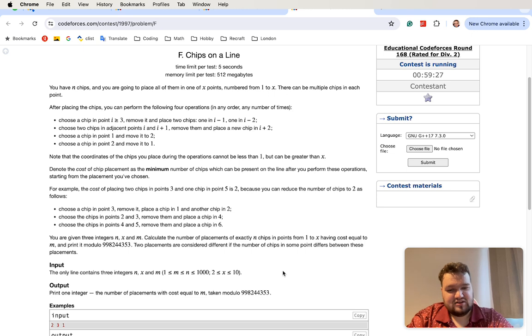So we should just calculate for every number up to 55,000 in what number of ways we can place chips to get that number, which is just a simple knapsack DP, right?